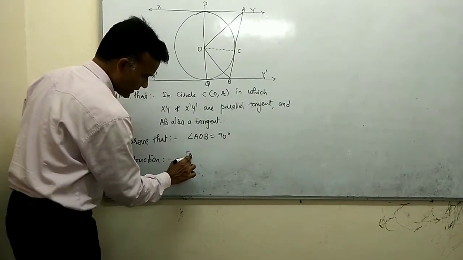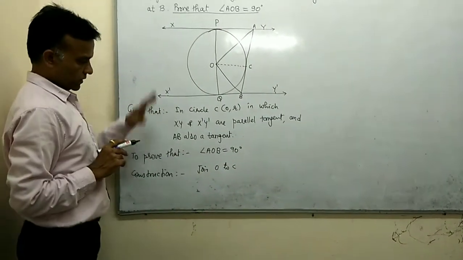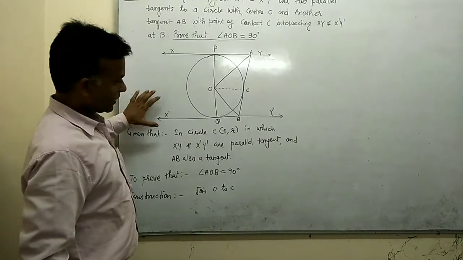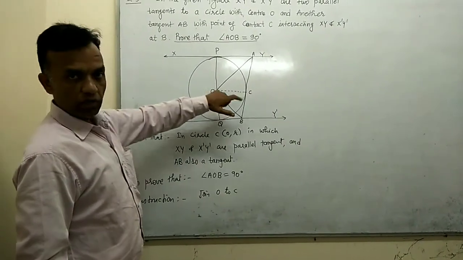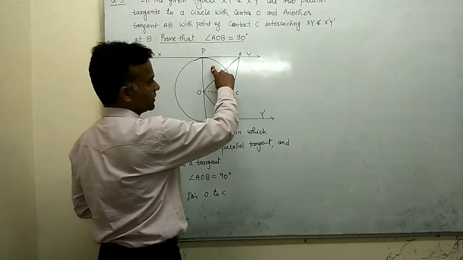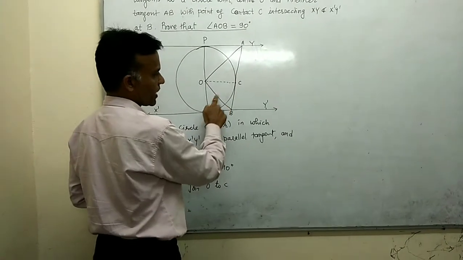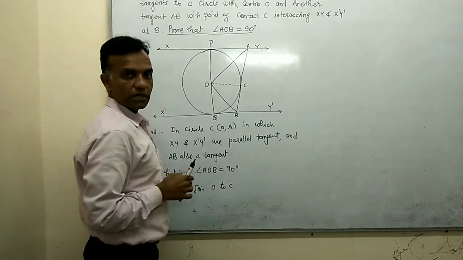A single point: join O to C. Okay, so now this is the given part from the question. Here we write down one part, the construction, that is done: join O to C. And then now we have pairs of triangles here. This triangle and this triangle. Here also we have a triangle. So one triangle, two triangles, three triangles, and four triangles are formed here.